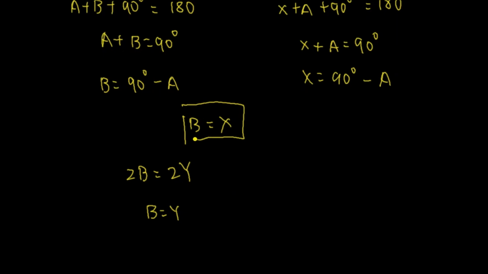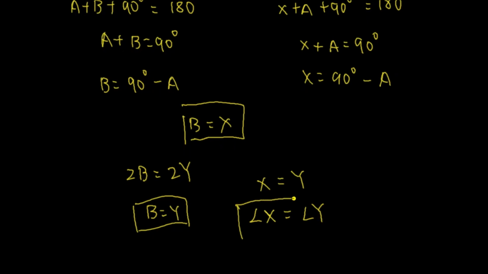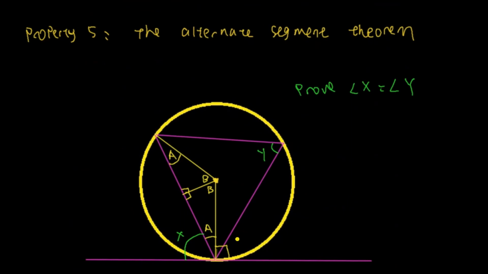So b is equal to x, and b is equal to y. So x and y should equal each other. I will write that angle x is equal to angle y. That's what we're trying to prove here. We just proved that angle x is equal to angle y, and that's the alternate segment theorem.